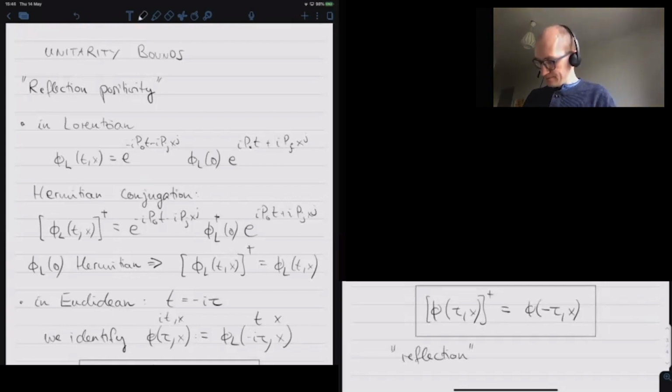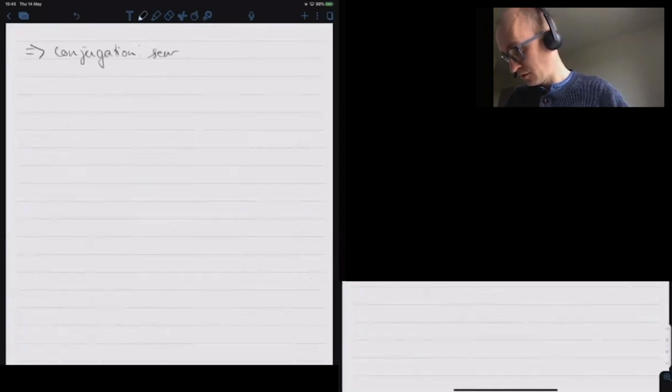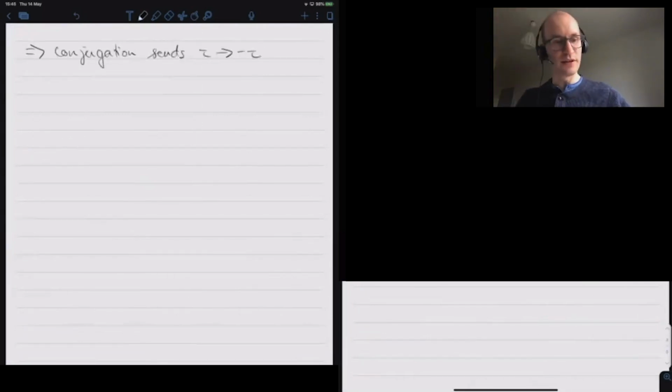So what we have learned is that conjugation in addition sends t to minus t, or tau to minus tau, excuse me. So this is this time reflection.